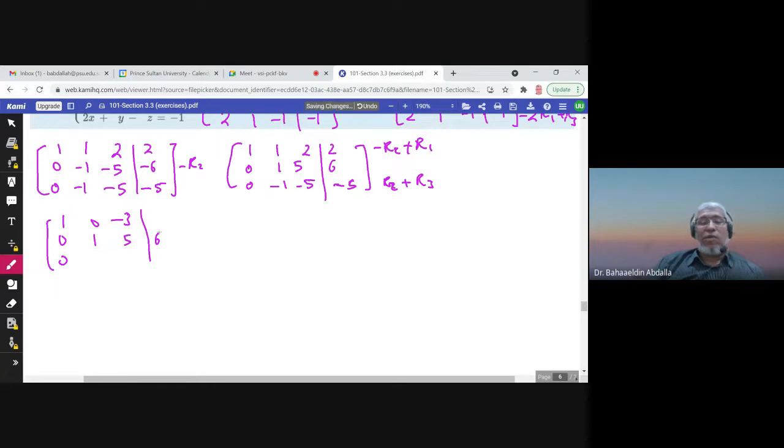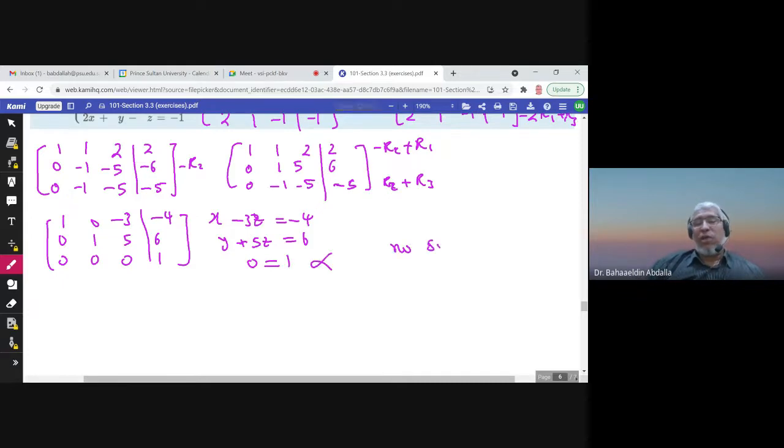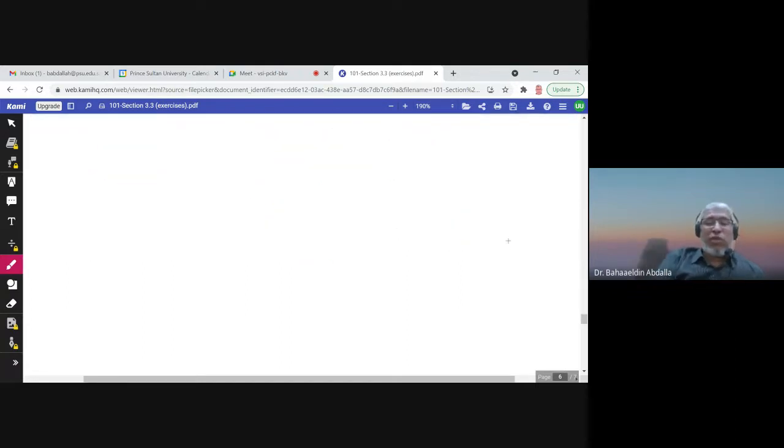Negative 6 plus 2. 1 plus minus 1, 5 plus minus 5, 6 plus negative 5. So you can see that I have x minus 3z equals negative 4 and y plus 5z equals 6, but I have 0 equals 1, and this is not possible. So there is no solution for this system.